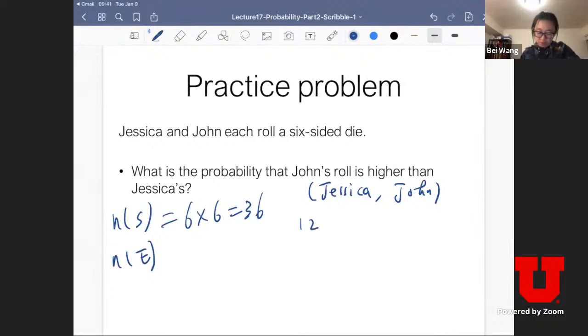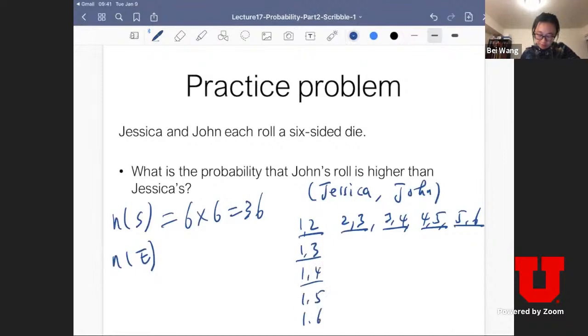Jessica gave a 1, John gave a 2; Jessica gave a 2, John gave 3; Jessica gave 3, John gave 4; and 4, 5, and 5, 6. Those are all possibilities. If I look at column-wise enumeration, if Jessica is a 1, John can choose 2, 3, 4, 5, and 6.